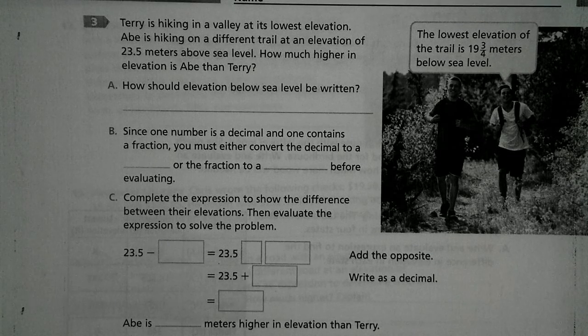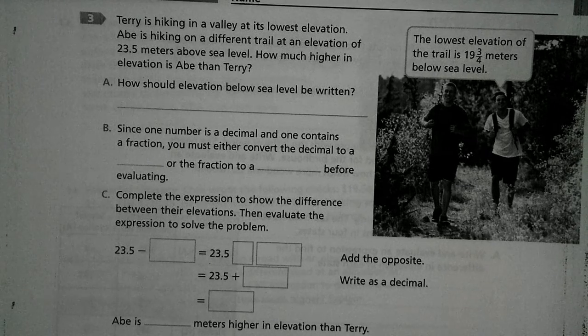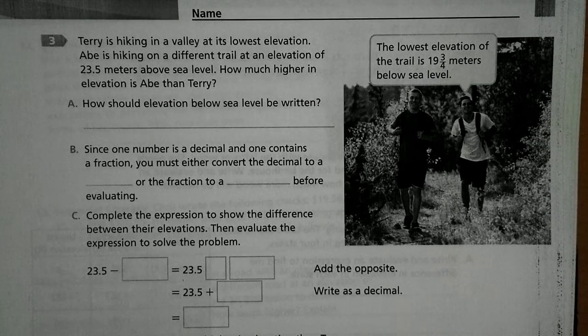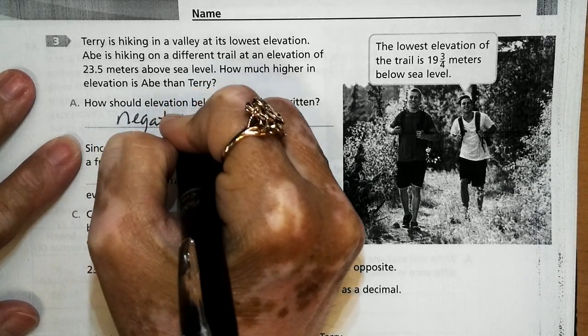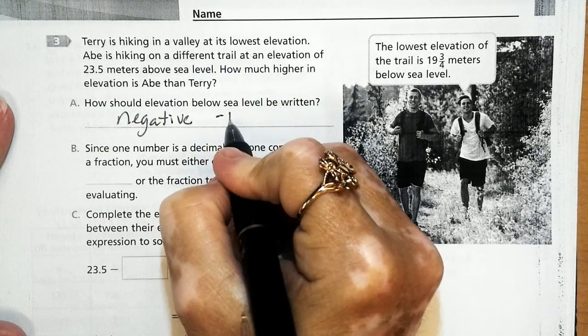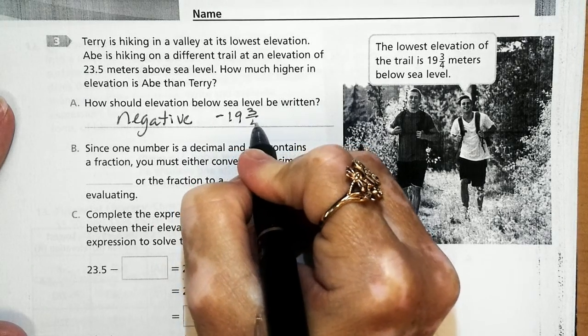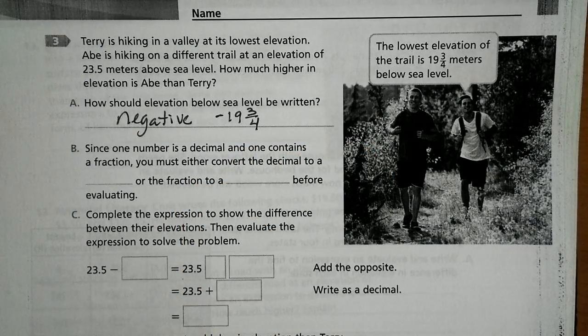How should elevation below sea level be written? Well, remember, if it's below, how do we represent that? Negative. Yep. And if you want to write negative 19 3/4, you could write it like that as well.